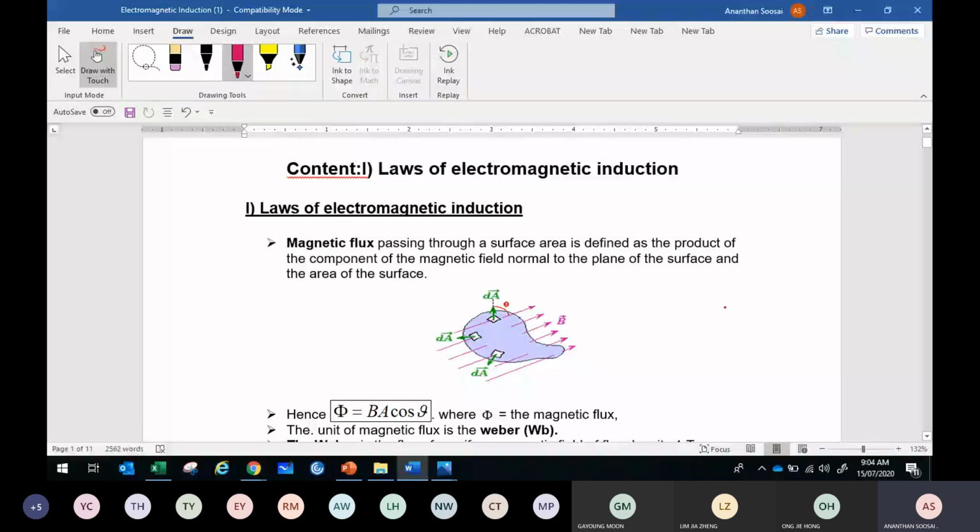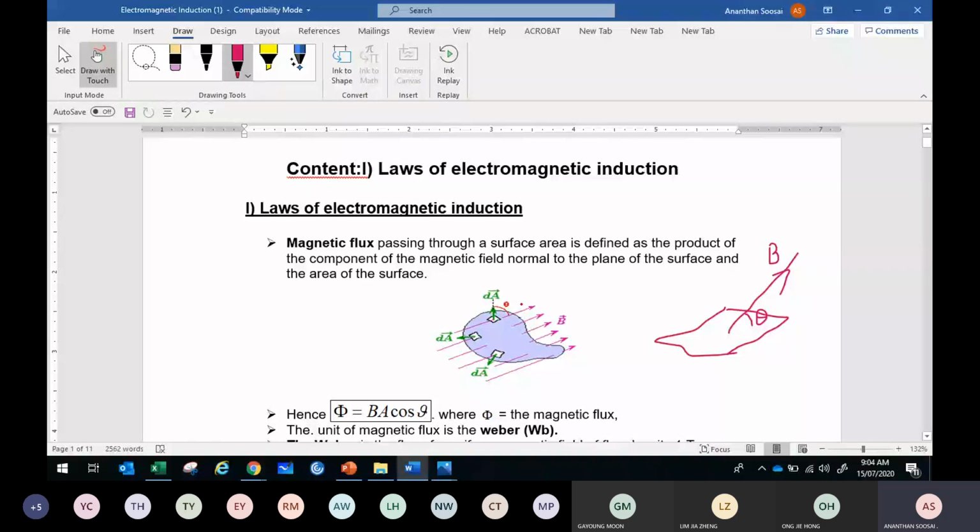Sometimes one year, they keep the B like this, but they keep this angle, and then they're asking for the flux.